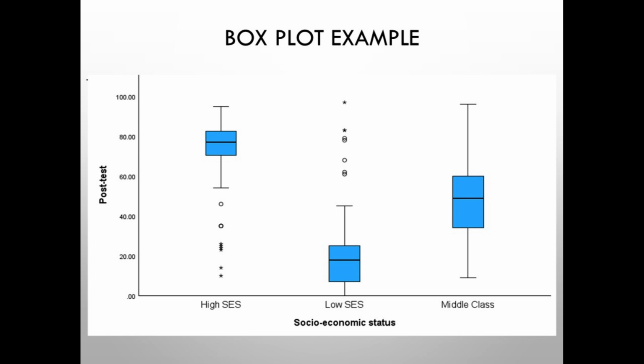In our example, the middle class students have a symmetrical and more spread distribution of scores. However, the low SES student scores are located mostly at the lower end, with a few outliers at the higher end. In contrast, the distribution of scores for high SES students is located at the higher end, with a few outliers at the lower end.